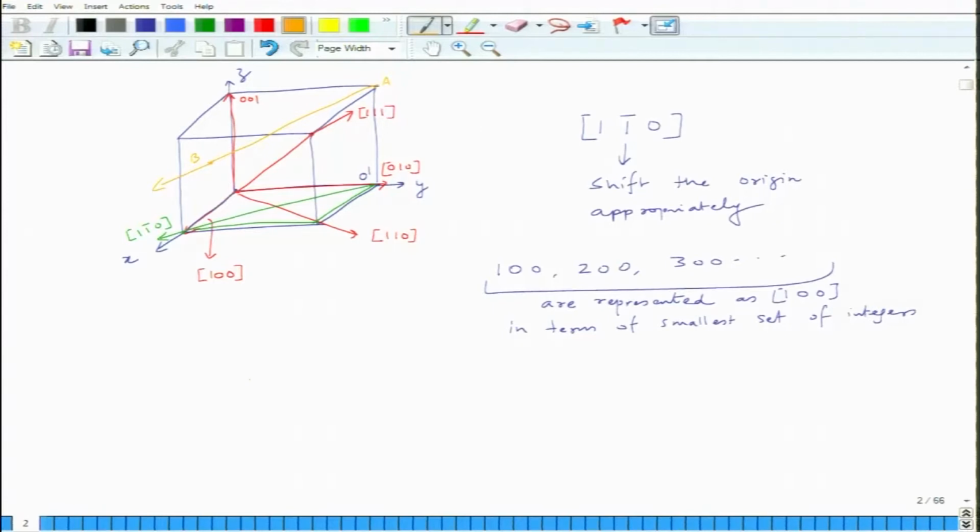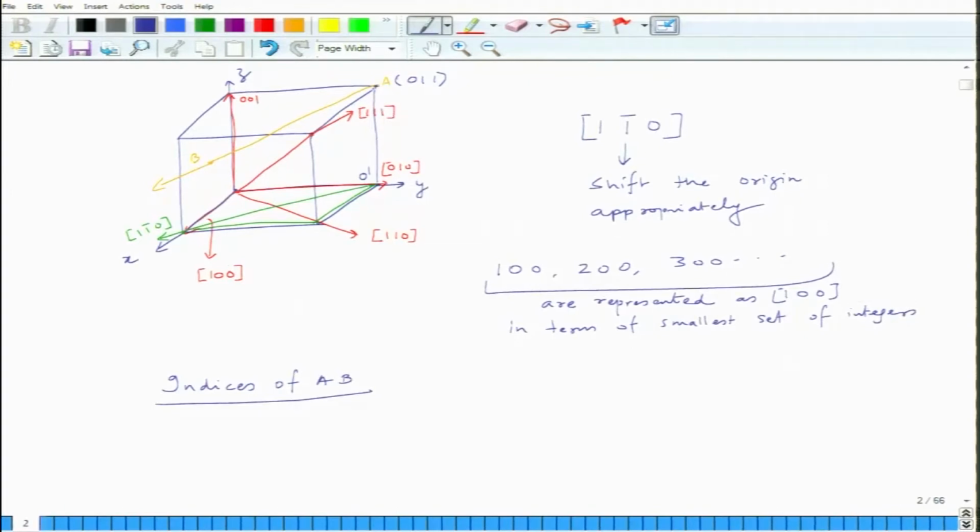What is the indices of A B direction? One thing of course is that you can determine the coordinates of this point, which are 0 1 1, right.